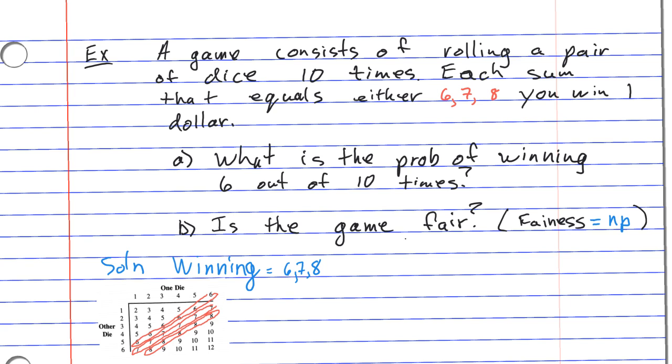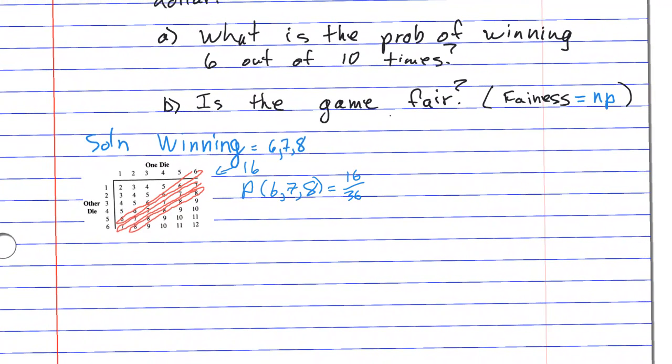Okay, so let's see. 6 has, so the total number of spots is, so the probability of 6, 7, and 8 is that.